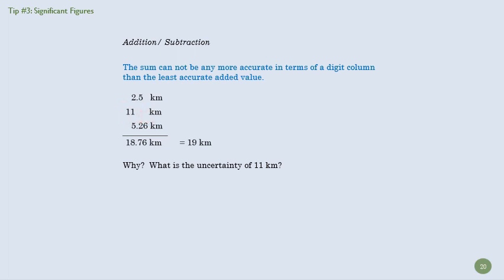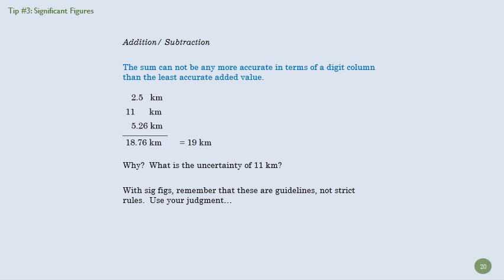So there's no way I can have an answer that says 19.1, because there was a range of a full kilometer here. It wouldn't make any sense to say my answer is 18.8, because the range of error in this number is much larger than the range of error in that number.